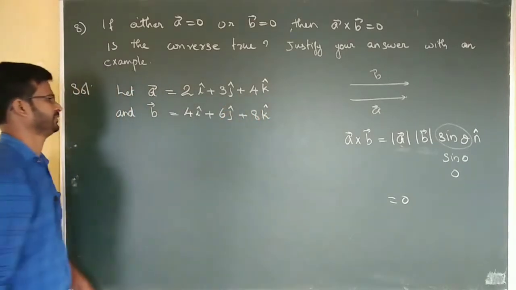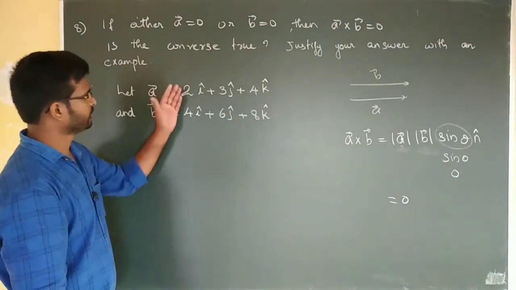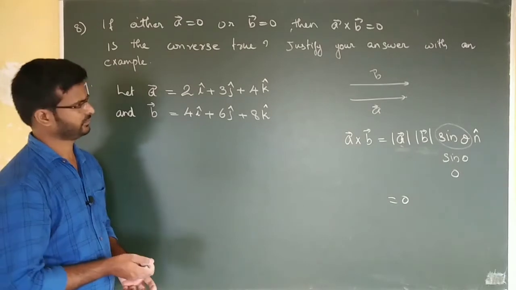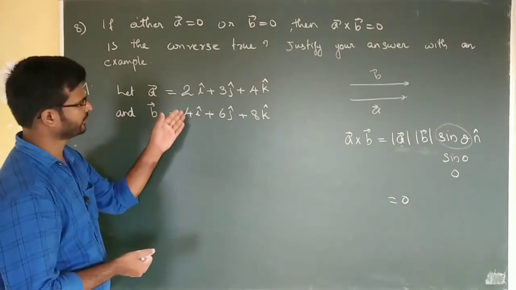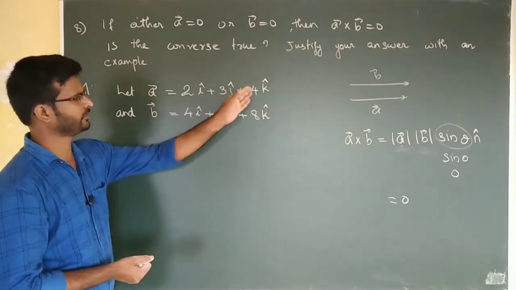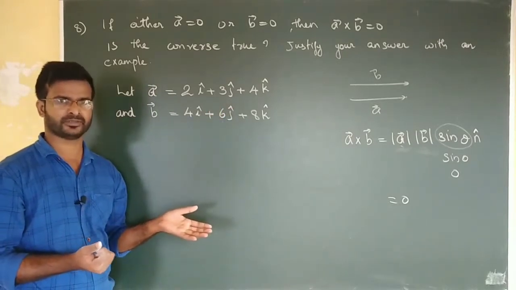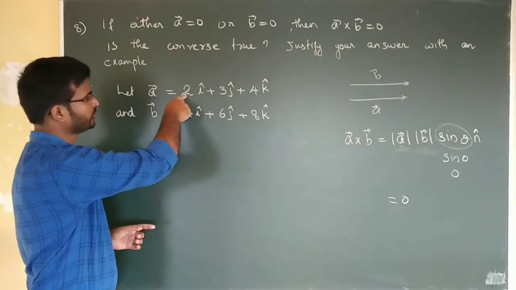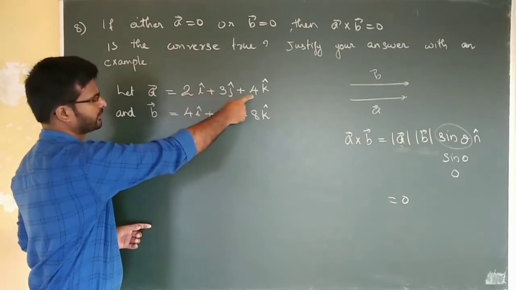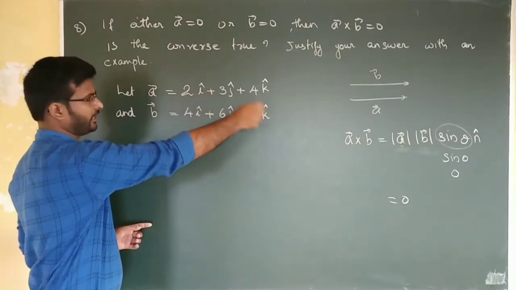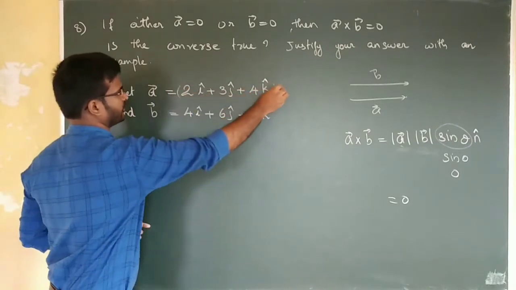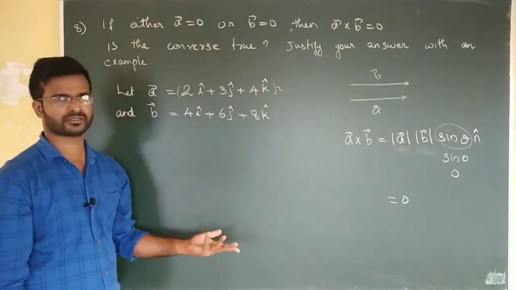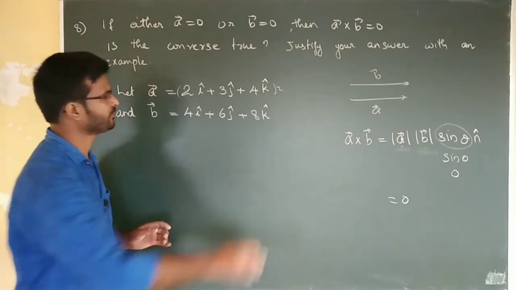This is the second vector. Both vectors are parallel. Just look here: 2, 4; 3, 6; 4, 8. Any similarity? Can you see? The first vector we multiply with which number? 2, isn't it? 2 into 2, 4. 2 into 3, 6. Then 2 into 4, 8. Multiplying with 2, we will get the second vector. So both vectors are parallel.